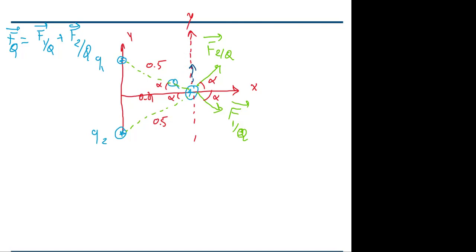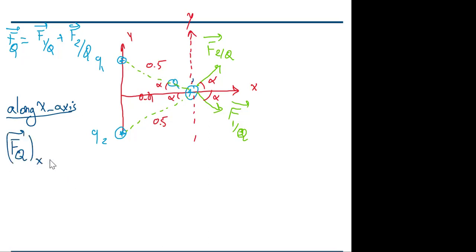In this case, we should calculate the X component of the total force and the Y component of the total force. We will start with the X component, along the X axis. We have the same expression of the force, but now we talk about the X axis.